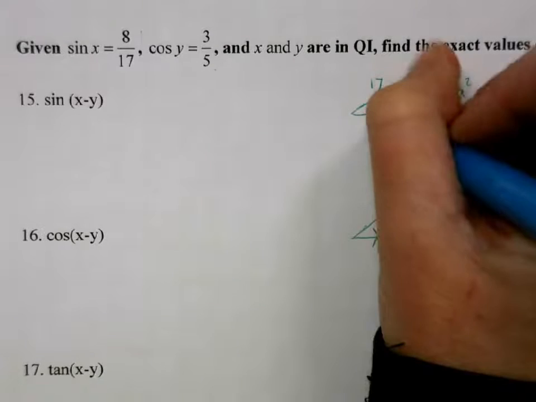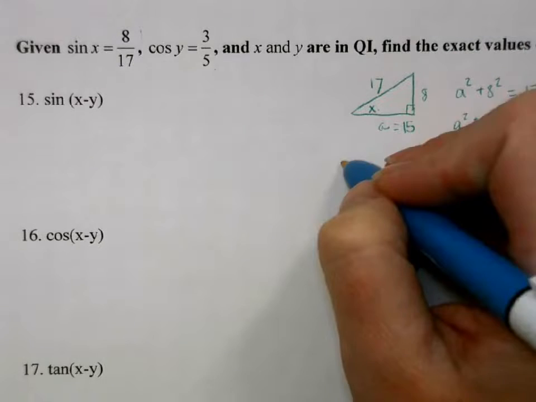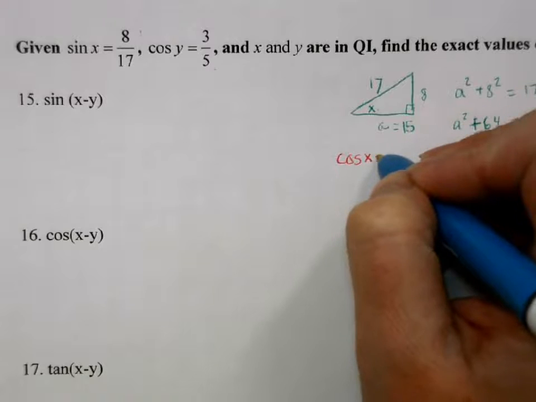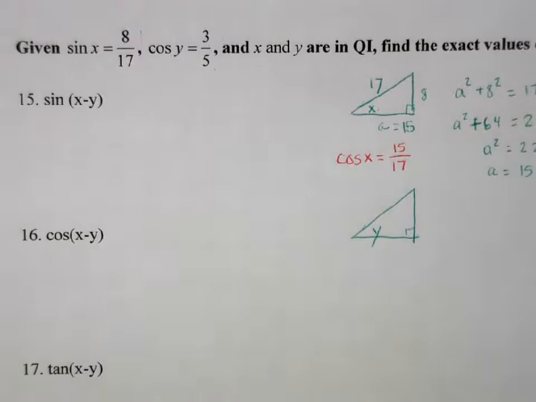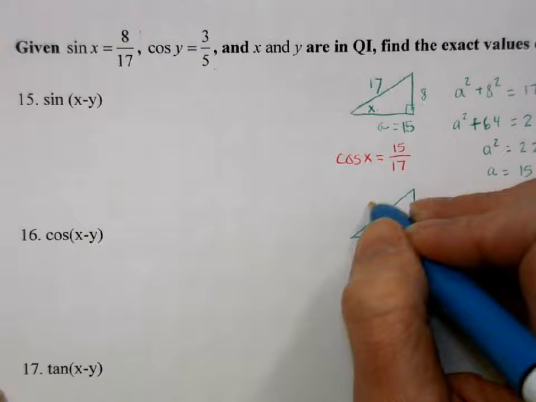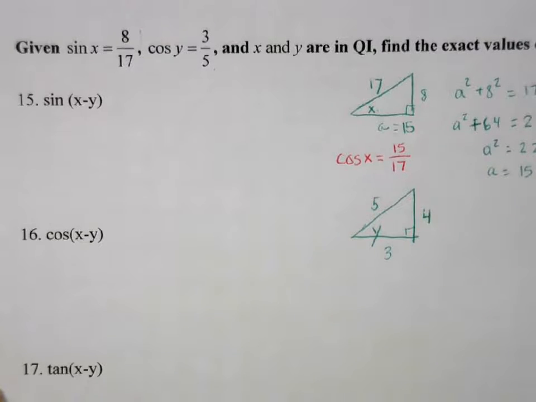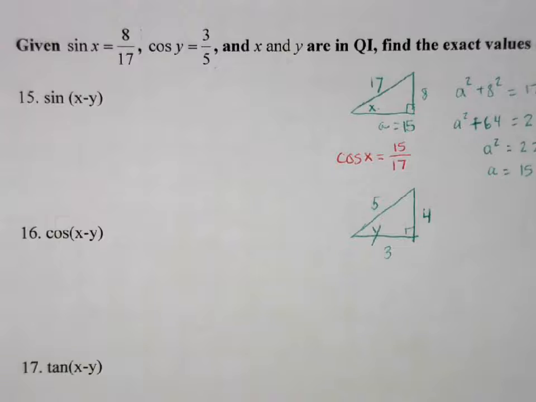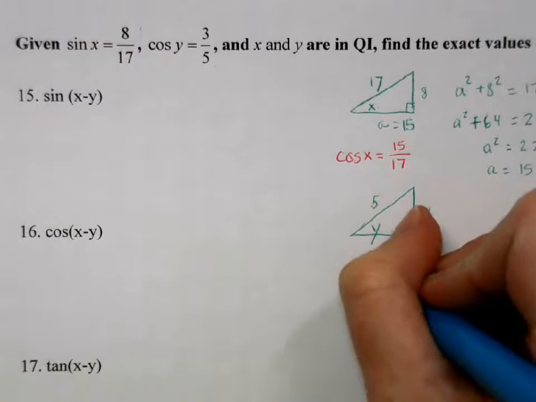Okay, that helps me because that means that my cosine of x is 15/17. For angle y, whatever angle y is, the adjacent side is 3, the hypotenuse is 5, so I don't even need the Pythagorean theorem to know that's going to be 4. So the sine of y is going to be 4/5.